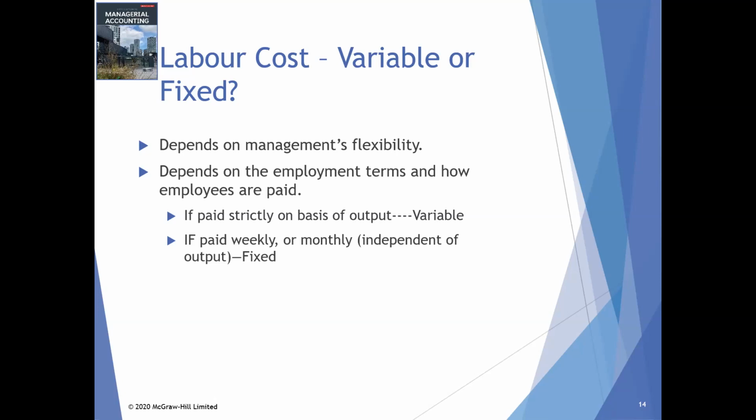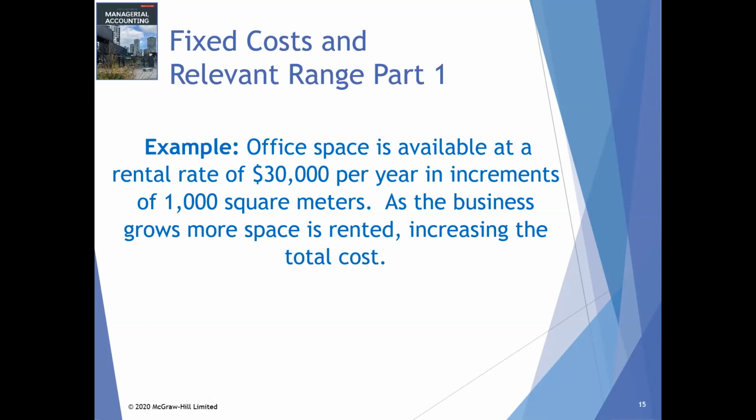Whatever the output, they are not concerned about that. When the salary and wages are given to the employee independent of output, it is known as fixed expenditure, fixed cost, fixed labor cost. Now look at this fixed cost and relevant range, part 1.